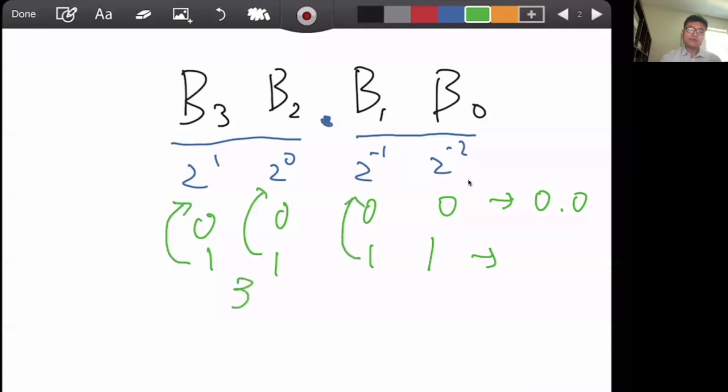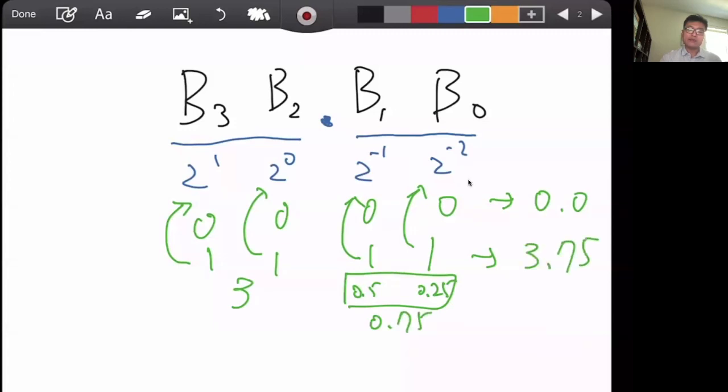Then 1 times 2 to the power of minus 1 and 1 times 2 to the power of minus 2. In this case, it will be 0.5 and 0.25, right? So at the end, this part will be 0.75. So it can represent 3.75 in this case.